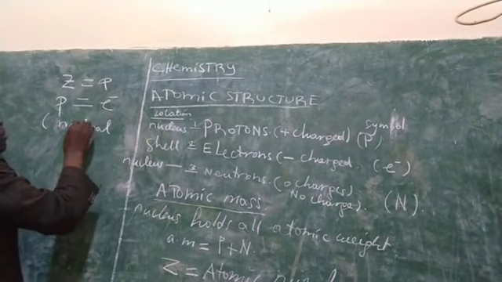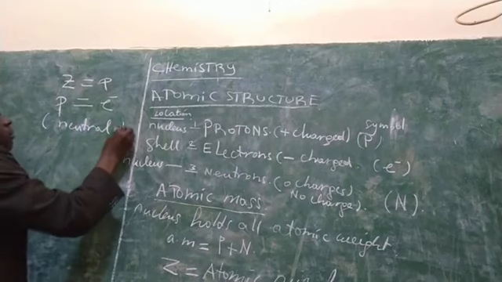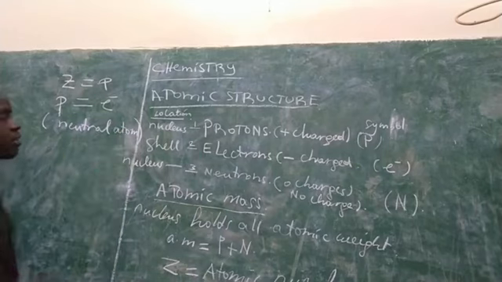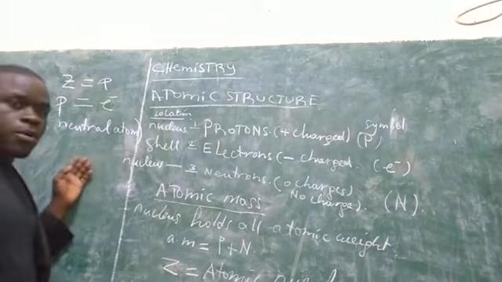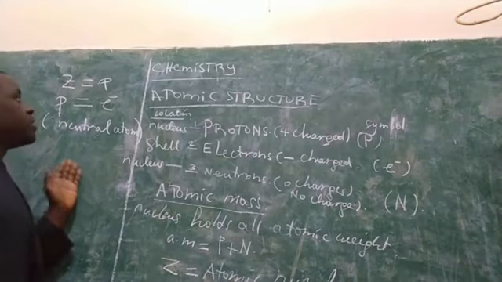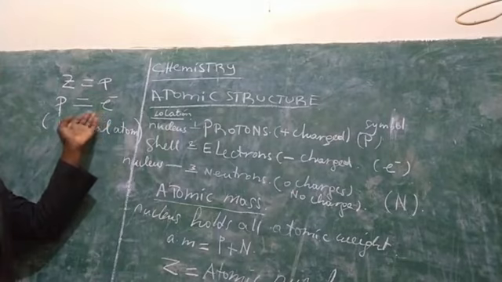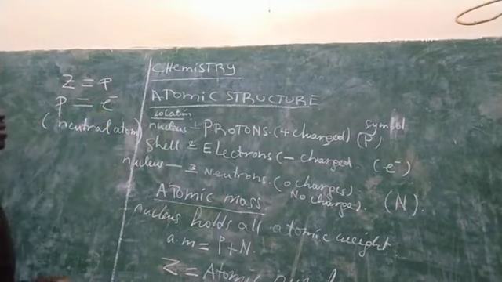For the neutral atom, this is the condition. For example, if an atom has lost an electron, the number of electrons is not the same as the number of protons.